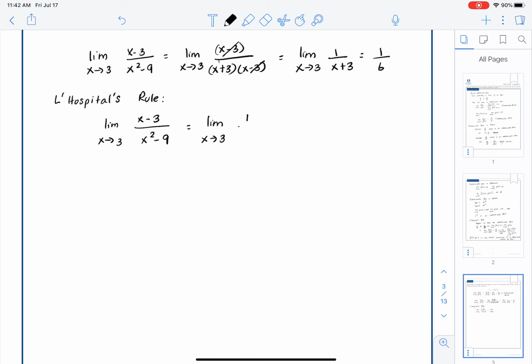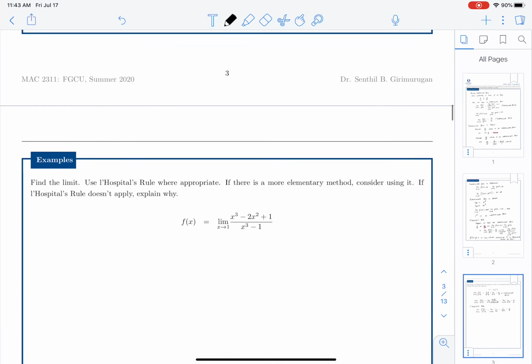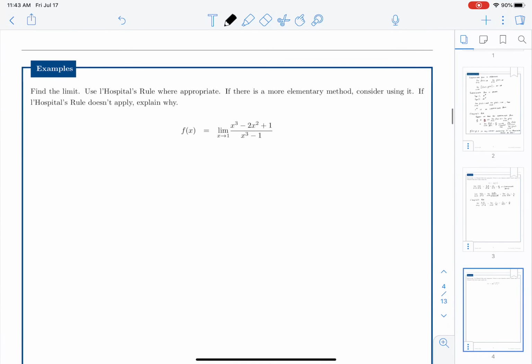It's 1. Derivative of the denominator is 2x. Now, when we apply the limit, it doesn't affect the numerator, but there is an x in the denominator, so we have 2 times 3. I end up getting the same answer, 1 over 6. Now you can see how L'Hopital's rule is effective in finding limits when we have indeterminate forms.